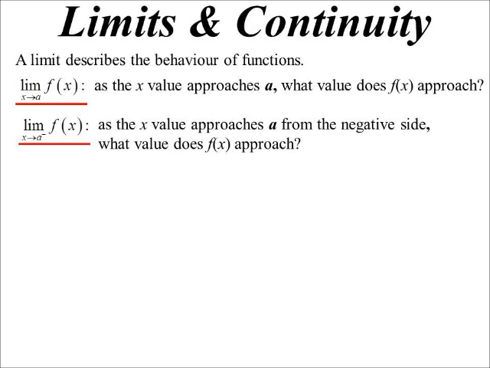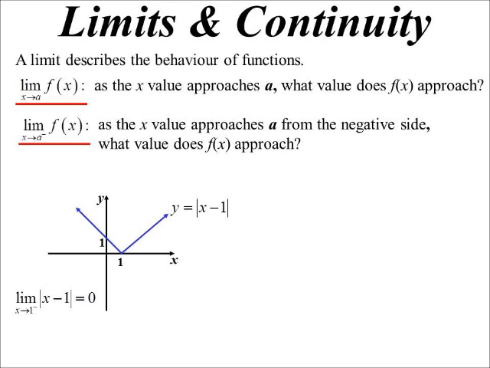A with a negative means approaching A from the negative side. And so I've got the absolute value curve as another example. Now, in this case, the limit of the absolute value of x minus 1 as x approaches 1 from the negative side is 0. As opposed to one of these split functions you sometimes see.